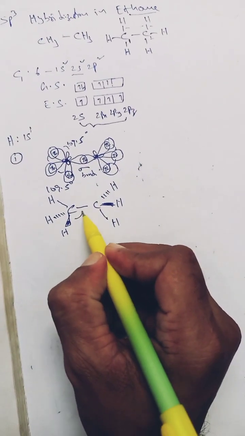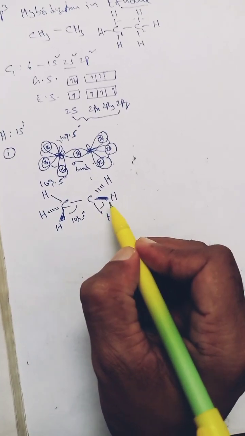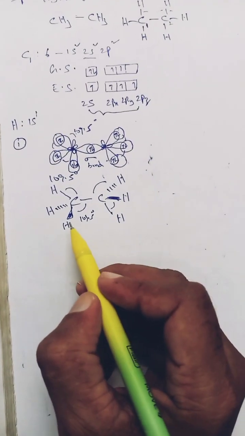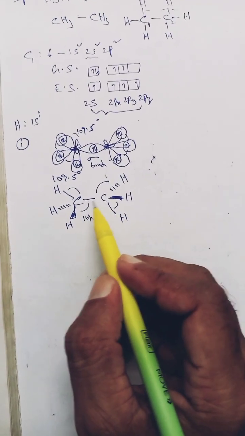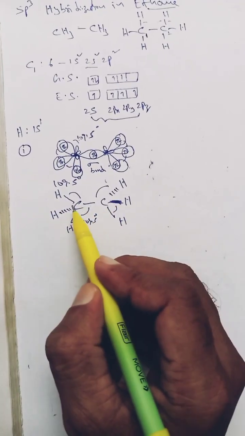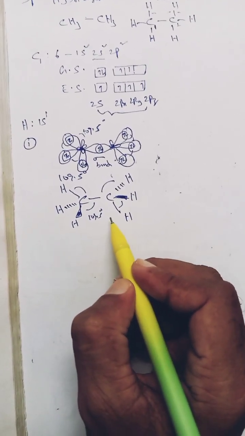Here also the bond angle is 109.5 degrees. Here also the same, here also the same. Wherever you see 3 atoms, whether carbon-hydrogen or carbon-carbon, all the angles are 109.5 degrees.